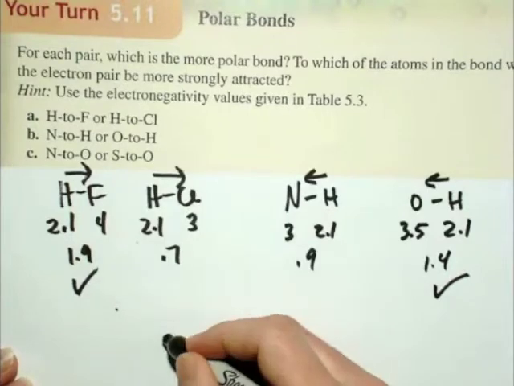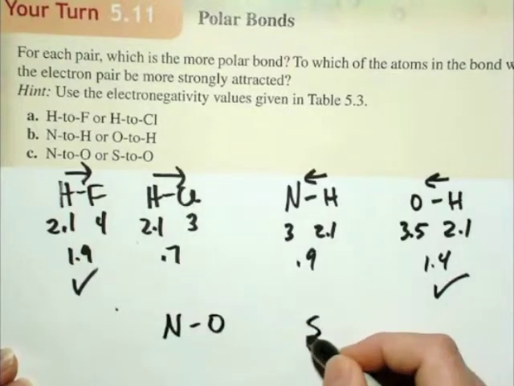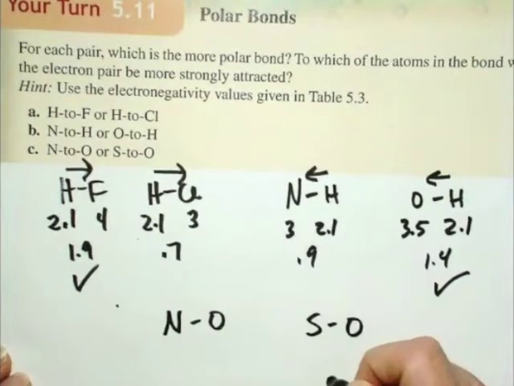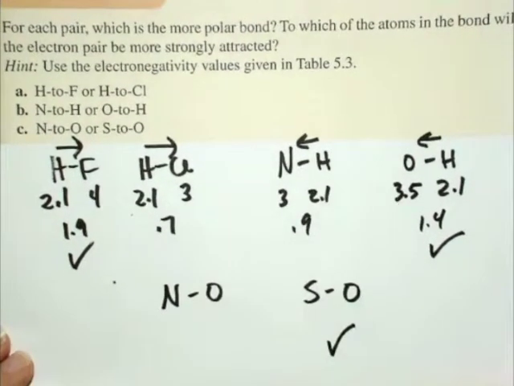And then the last one you can do yourself and see if you can figure it out. You should come to the conclusion that this one is the more polar bond. Okay, so that's just using the table and defining covalent bonds.